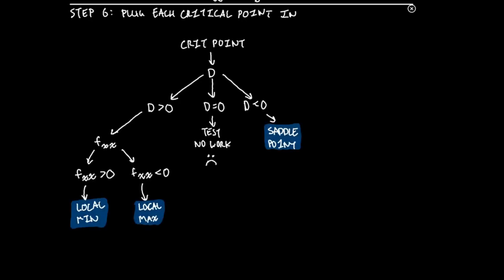And there you can see that we have all 3 of our different possibilities for the critical points. Now that we have this, then step 7 is to evaluate each of these points to see what the local minimum and the local maximum and the saddle point, what their values are.